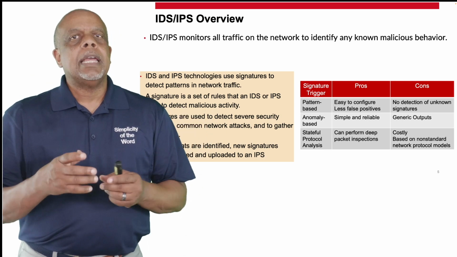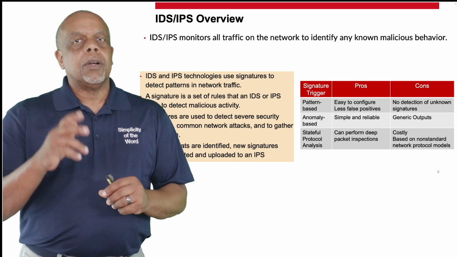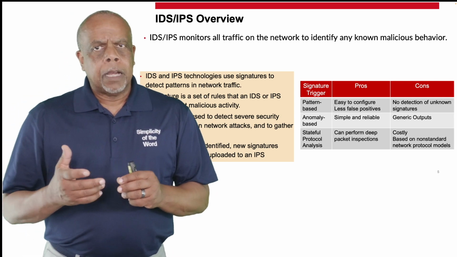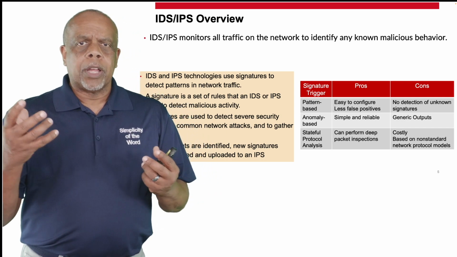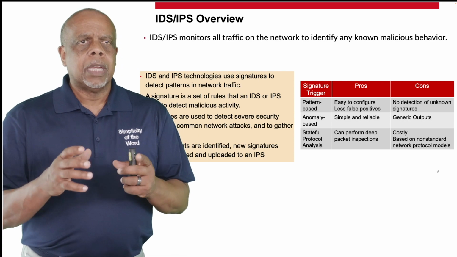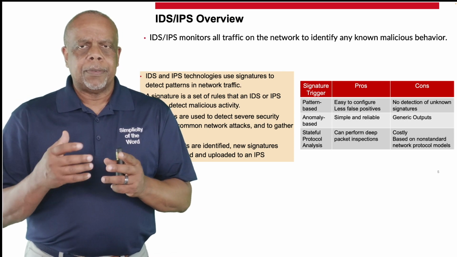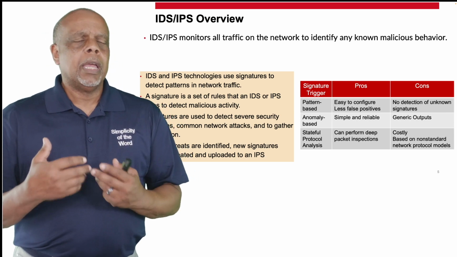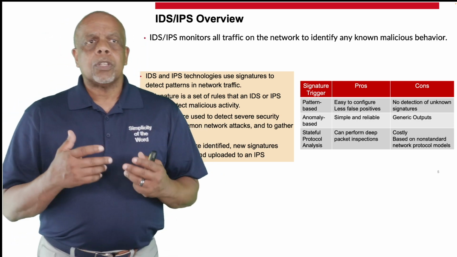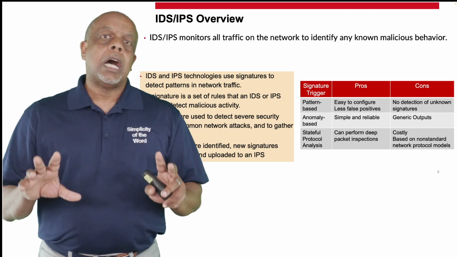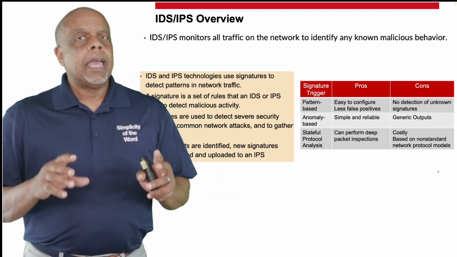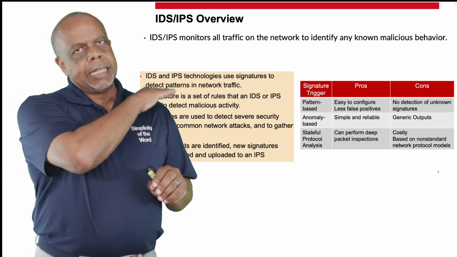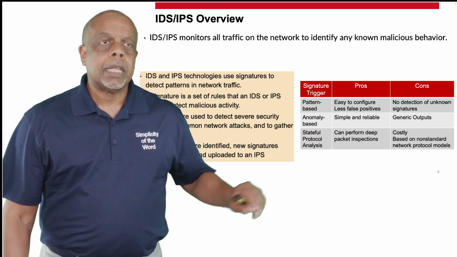Now we're operating really at the packet layer, layer 3 of your OSI model, where it's looking at your IP packets and looking for anomalous activity as they go between your router and your switches. There are pros and cons to each of these, and I'm just glazing across the top of that.